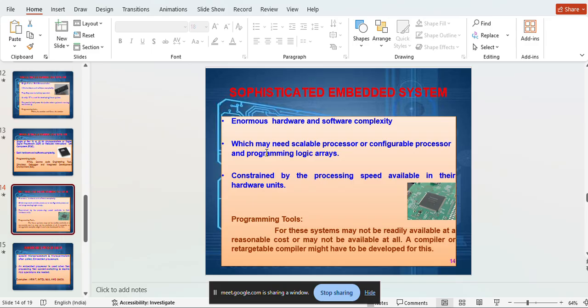Also the processor needs scalable or configurable processors and programmable logic arrays. Without this you cannot program these controllers. Mainly these types of controllers are programmed by the manufacturer itself. They cannot be programmed or modified by third parties or customers. They are only programmed by the manufacturers.